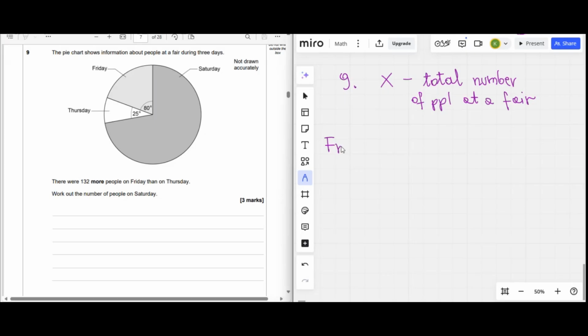So on Friday, we would have, and because this is a pie chart, we can use those angles to make a part a fraction of everybody. Yeah, so the whole chart is showing X number of people, and that 1 part, oh, sorry, we should actually start from Thursday.